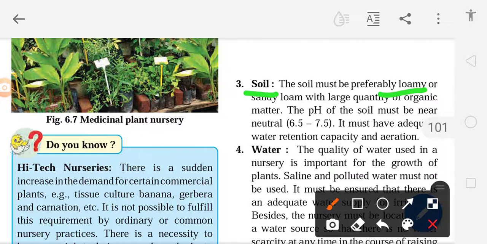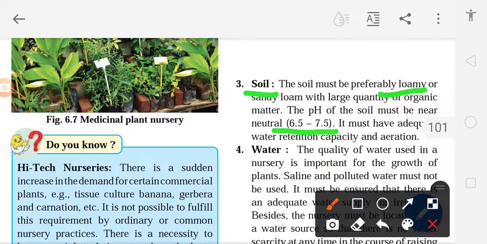And the pH of soil should be 6.5 to 7.5. You might have studied in 11th standard that this is the good pH, 6.5 to 7.5. In this range of pH, almost all kinds of plants can be grown. This is neither highly alkaline nor highly acidic.